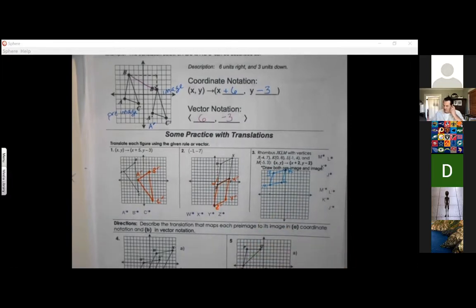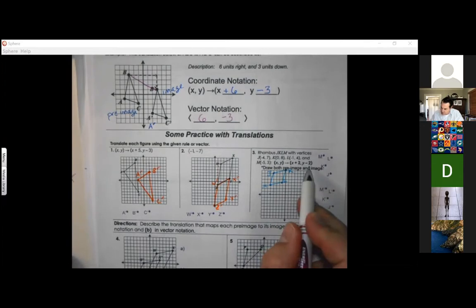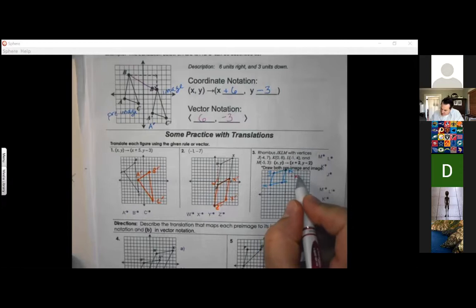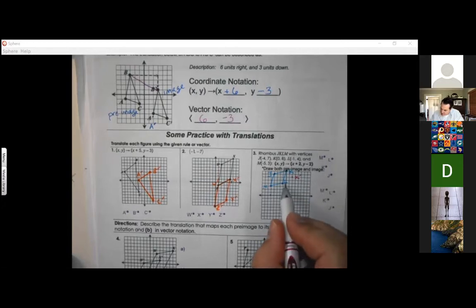And now I need to apply this translation, which is moving all of them to the right 2 and down 2. So K goes 1, 2, 1, 2. So this point will be K prime. 1, 2, 1, 2. This will be L prime. 1, 2, 1, 2. This is M prime. 1, 2, 1, 2. This is J prime.